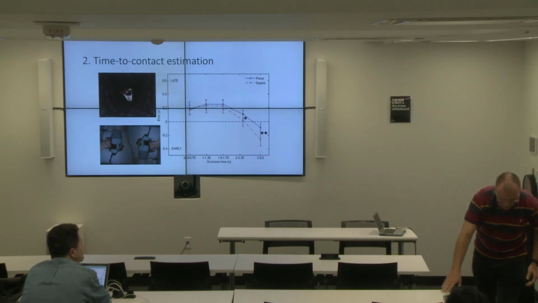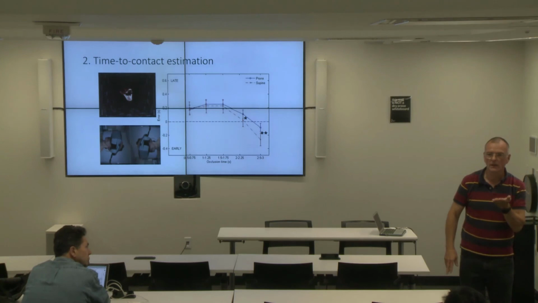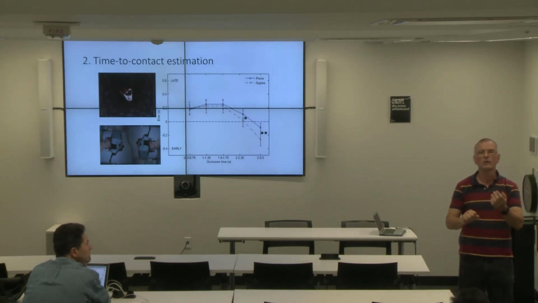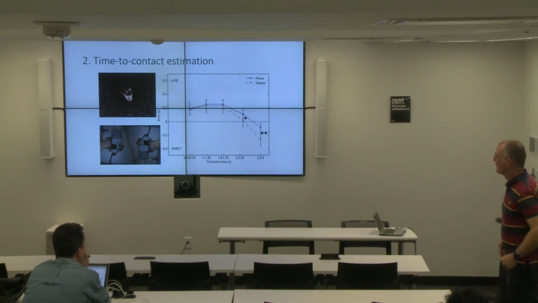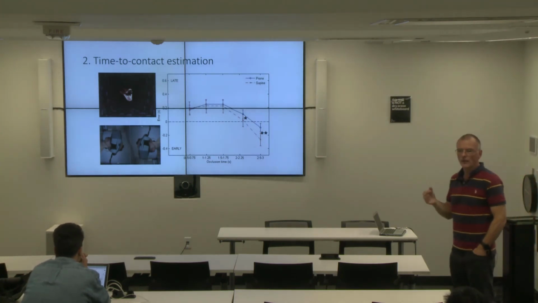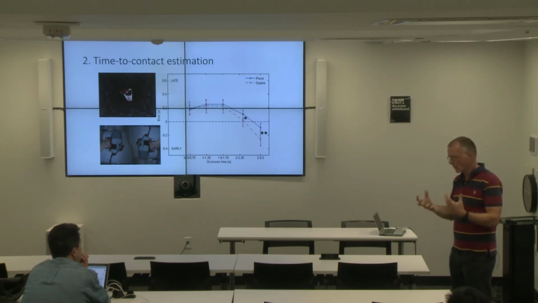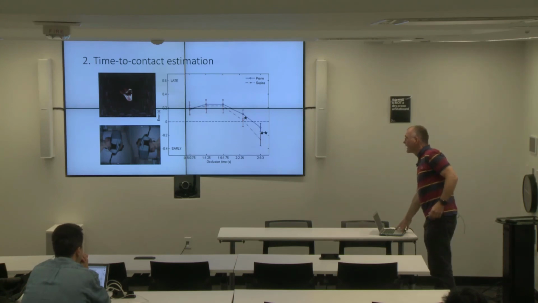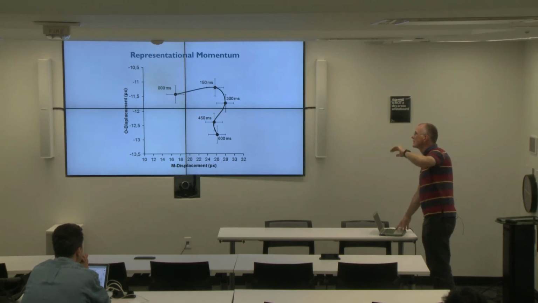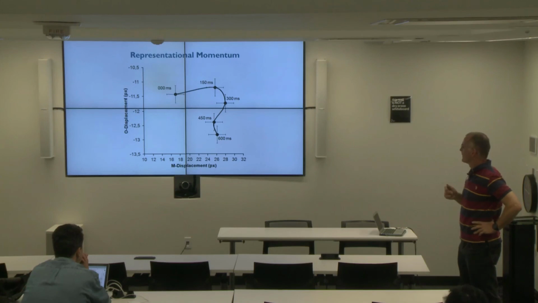So if you are in this position, you expect this to collide a little later, as if gravity were to pull it down. And if you're in this position, you click a little earlier because you think, well, it should accelerate. So we can demonstrate that gravity is internalized here and is at work. So we do factor that in. So that needs to be reckoned with when making. This was the data from the representational momentum experiments.